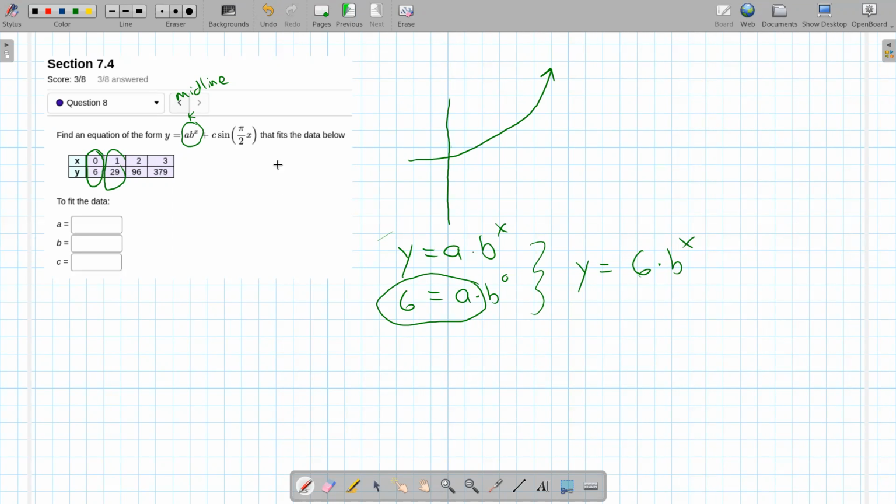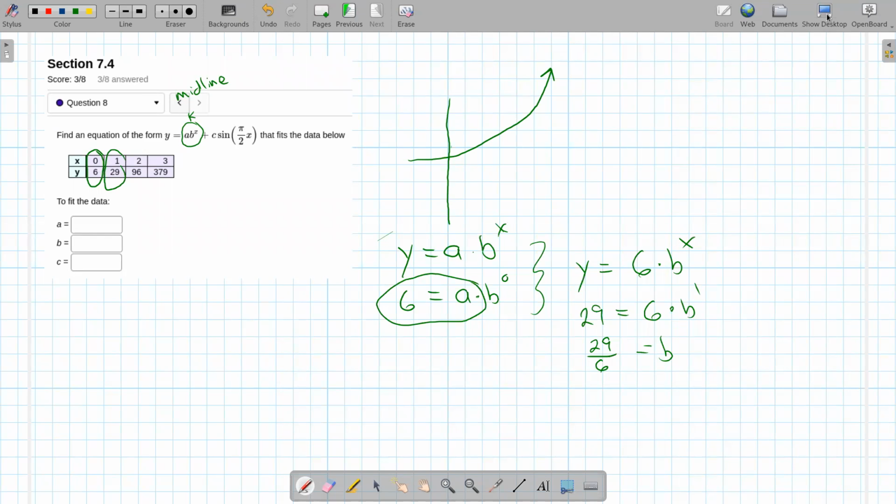So 29 goes there. 6 times b to the power 1, which is b. So divide by 6. b equals 29 over 6. So we're going to test to see if we actually get those other points from this.